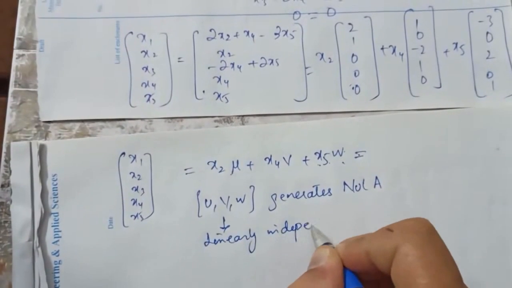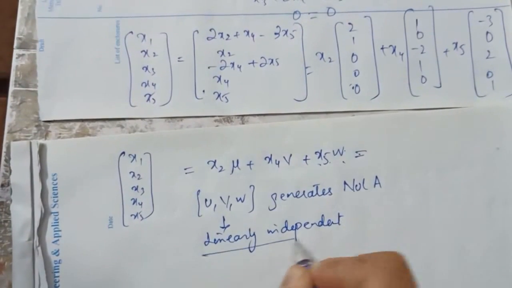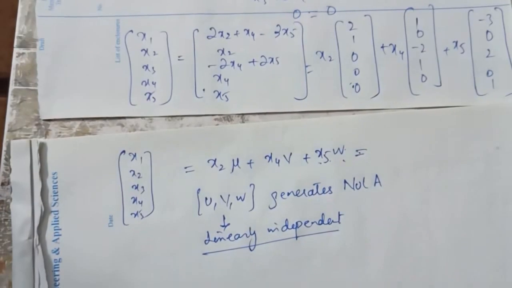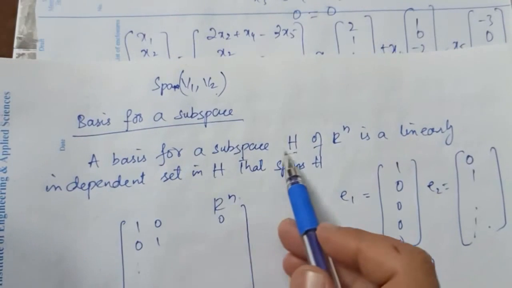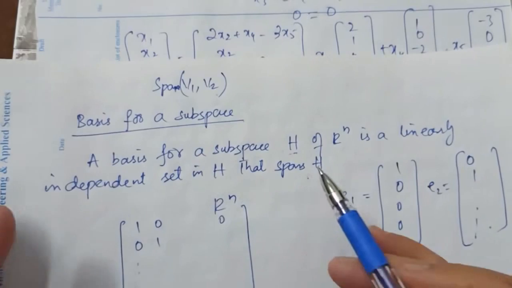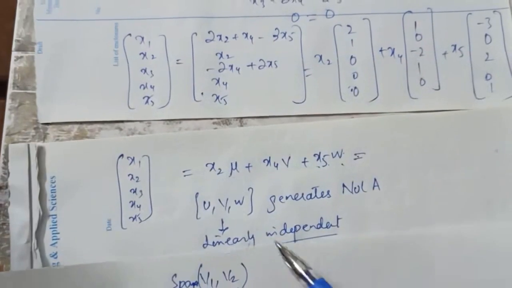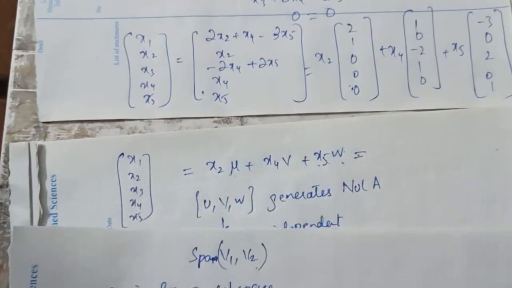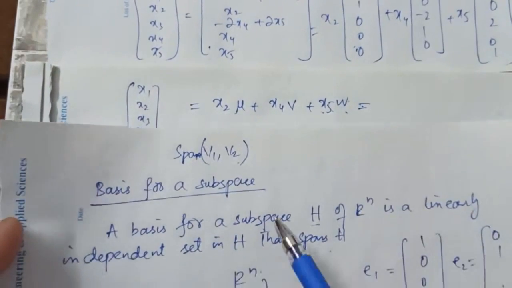It's also a linearly independent set. So as we have defined, what is the basis? A basis for a subspace H of R^n is a linearly independent set in H that spans H. So we can see here that u, v and w are a linearly independent set, as defined for finding the basis.